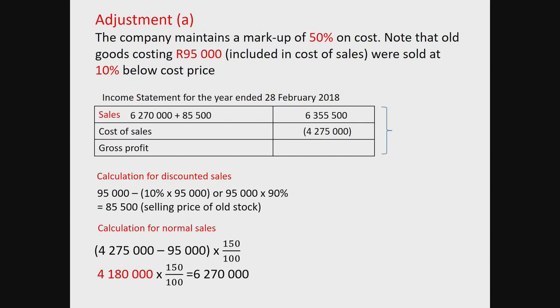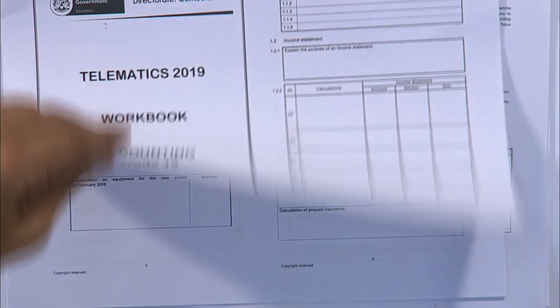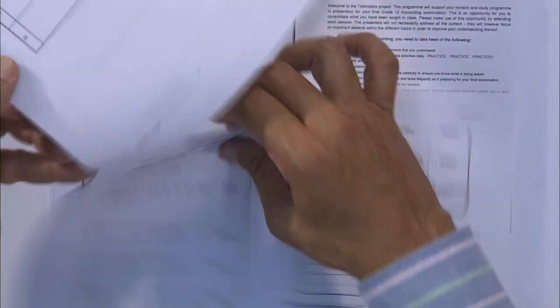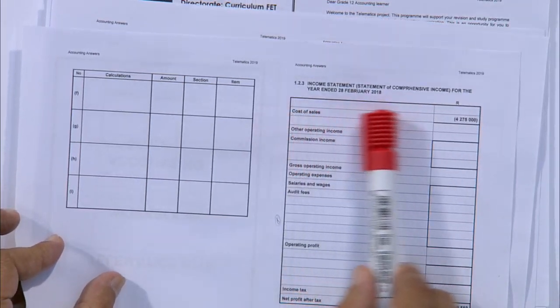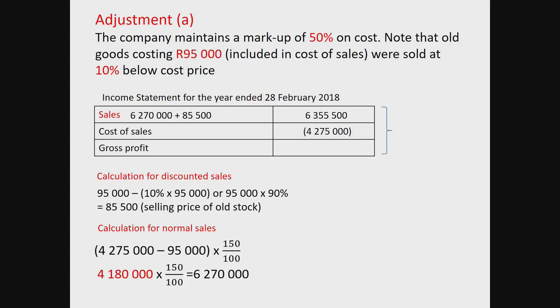So while you're busy with your answer for the first line for adjustment A, you can also complete the first line in your income statement, which is on the following page, page number 4 in your answer book. If you turn the page, the first line in your income statement will just be the sales, calculated there as 6,355,500.